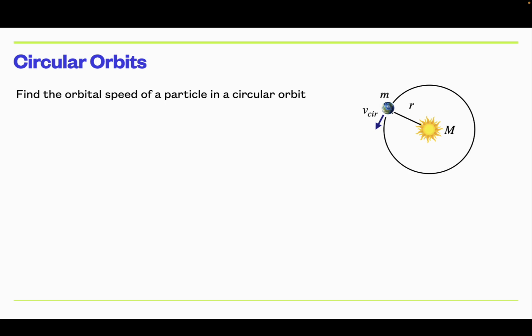Before we look at more complicated scenarios, let's first think about circular orbits. So imagine that the planet is orbiting the sun in a circular orbit with radius r, and we'll say that the velocity is v_circ for circular. To find that circular velocity, we can set the centripetal force equal to the gravitational force.